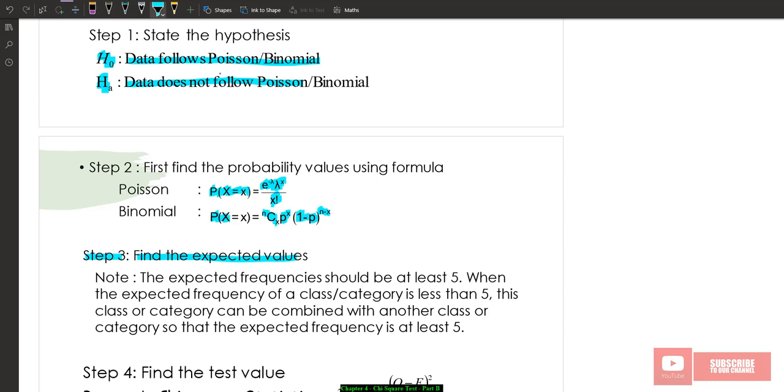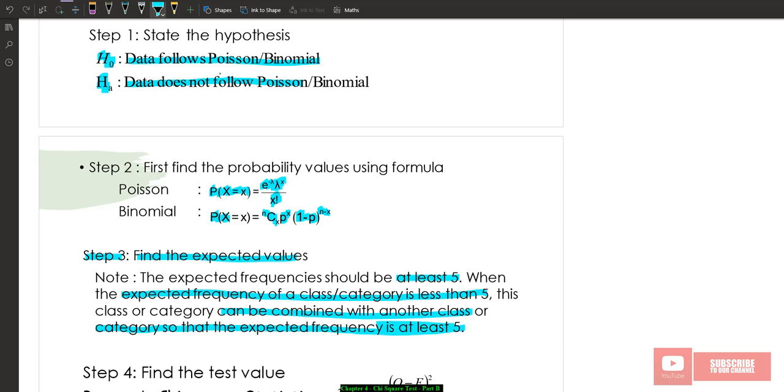And then step number 3 is we need to find the expected value. The formula is the same as before, which is expected value equal to n multiplied with p. The expected frequency should be at least 5. When the expected frequency of a class or category is less than 5, this class or category can be combined with another class or category so that the expected frequency is at least 5.